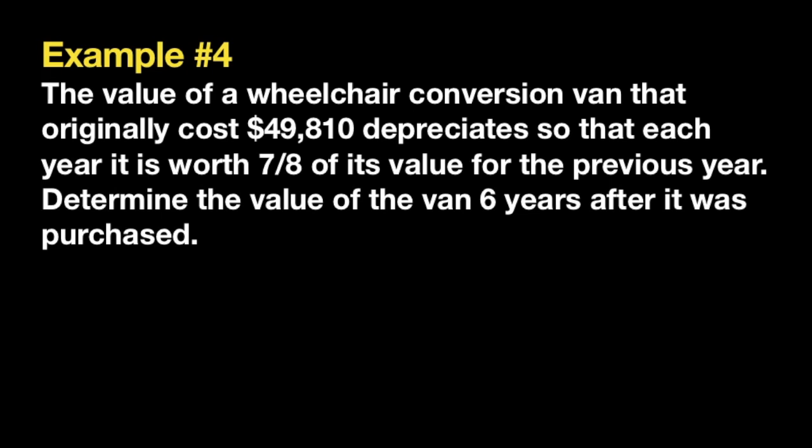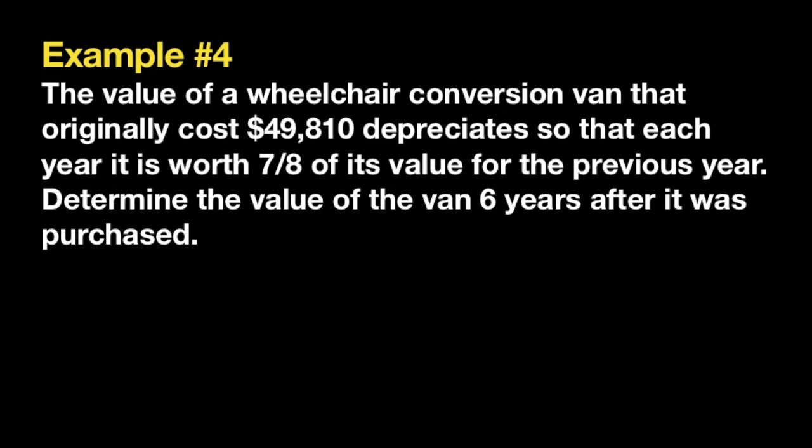For example, you have a van that has been converted for a wheelchair, and it is telling you that the value is going to be 7/8 of the previous year. So in this case, they're not giving you a rate that is dropping by, they're telling you how much this car is going to be worth.